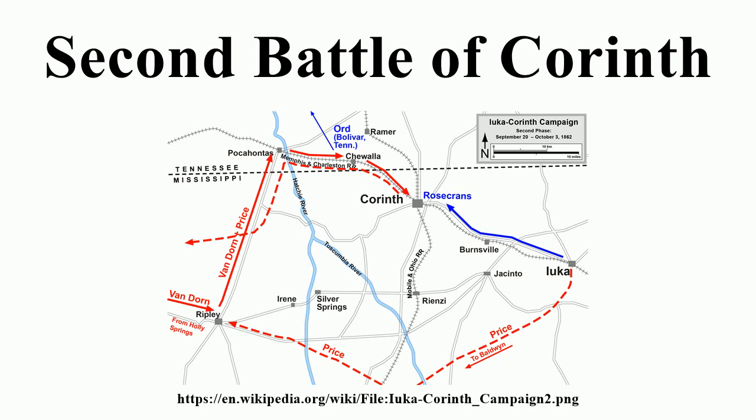Along the north and east sides of Corinth, about 2 miles from the town, was a line of entrenchments, extending from the Chewalla Road on the northwest to the Mobile and Ohio Railroad on the south, that had been constructed by Confederate General P.G.T. Beauregard's army before it evacuated the town in May.